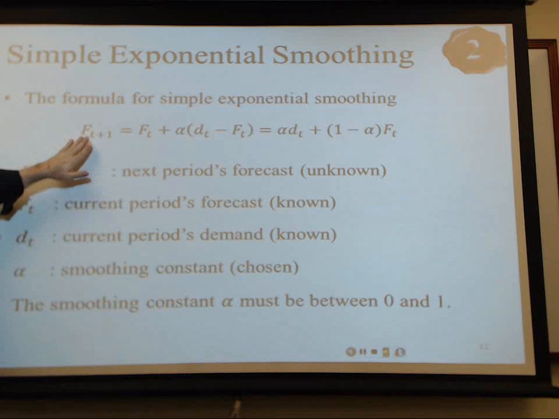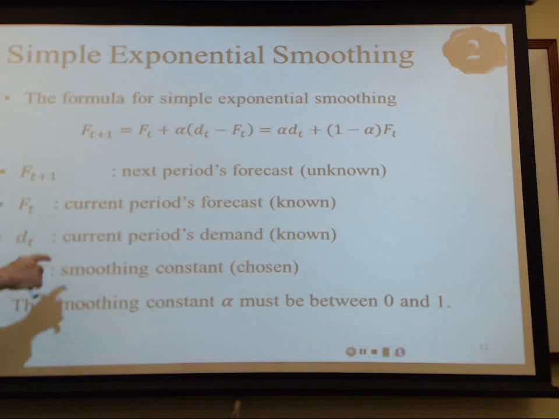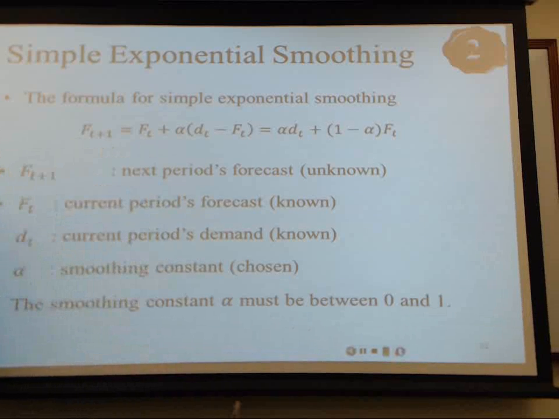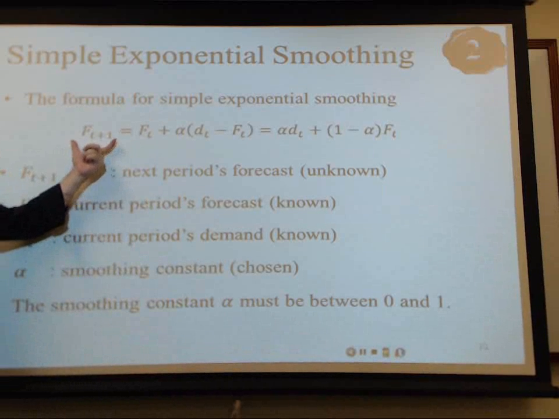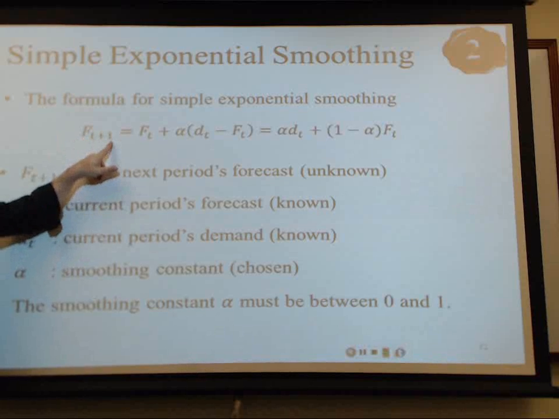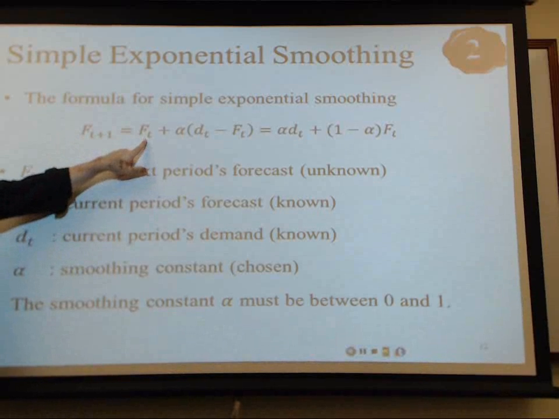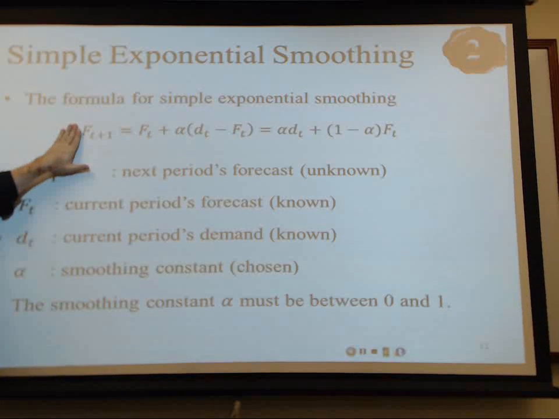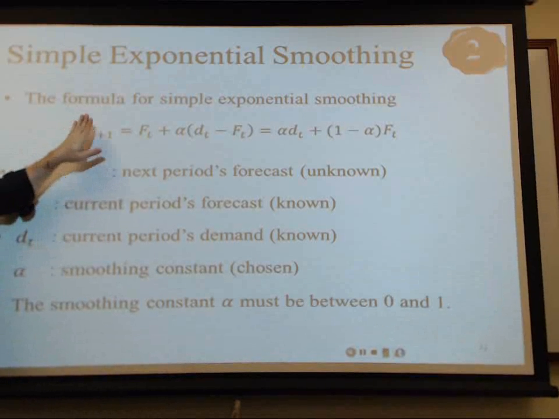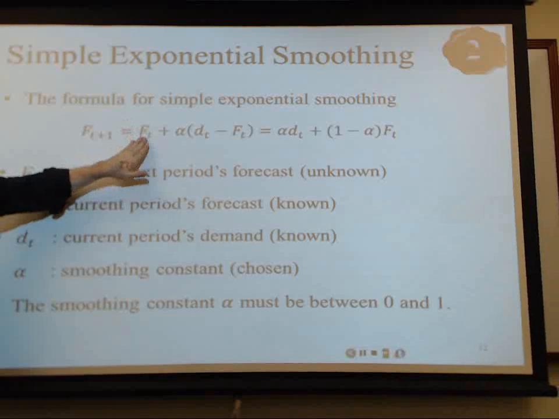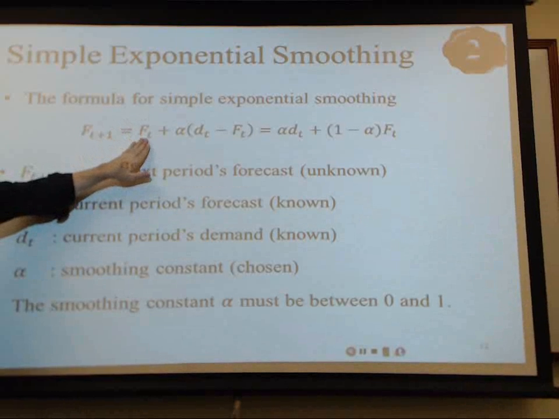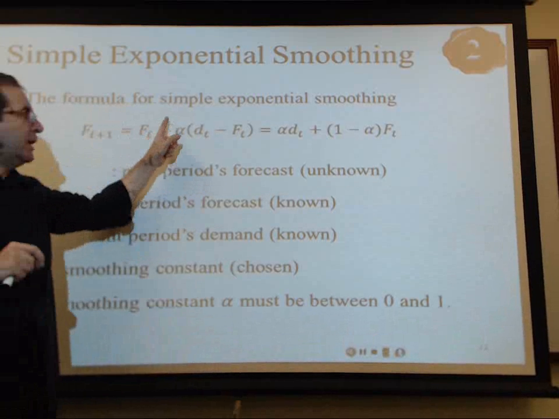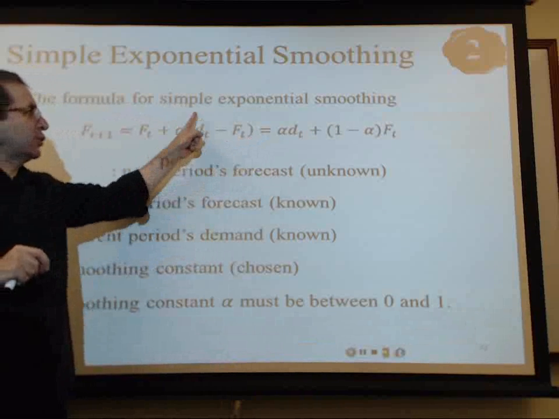First of all, every forecast is based on the previous forecast. For example, for period t plus 1, we start with the forecast for period t. Plus we add a correction term.